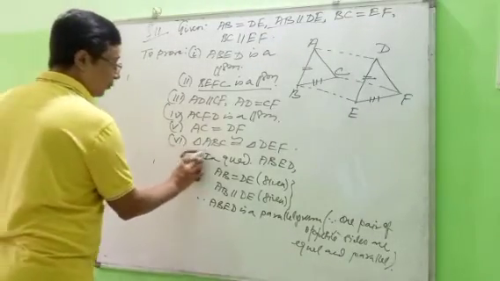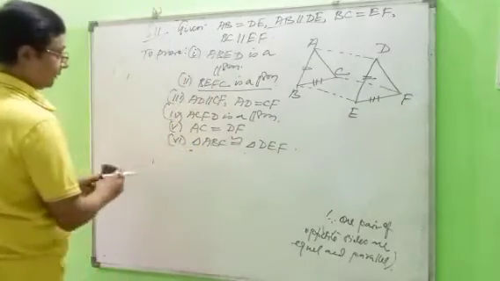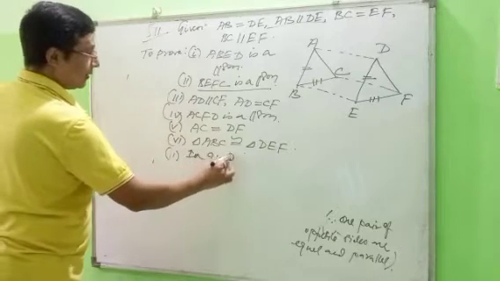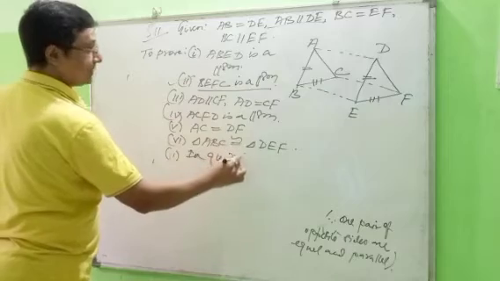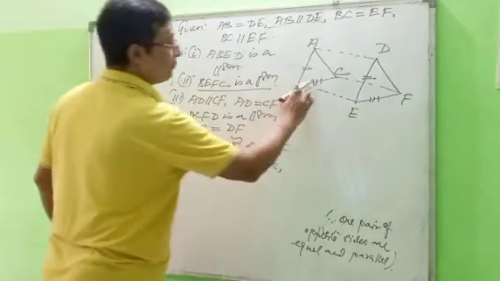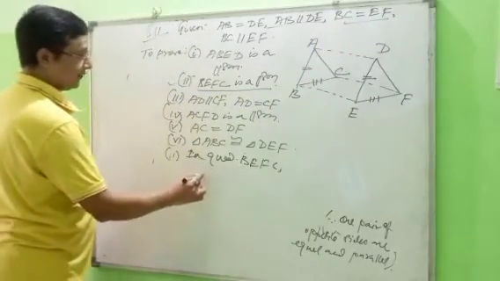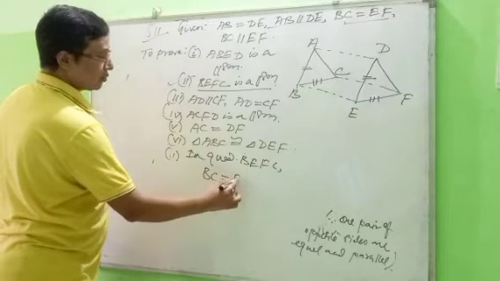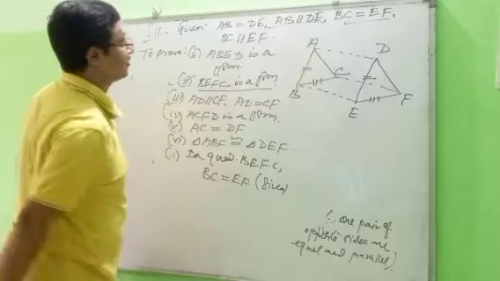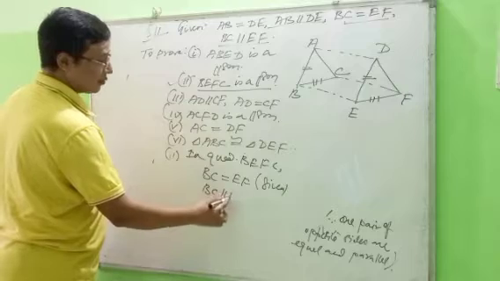Now in proof number 2, in quadrilateral BEFC, it is given that BC equals EF. This one is given in the question. Next, BC is parallel to EF.